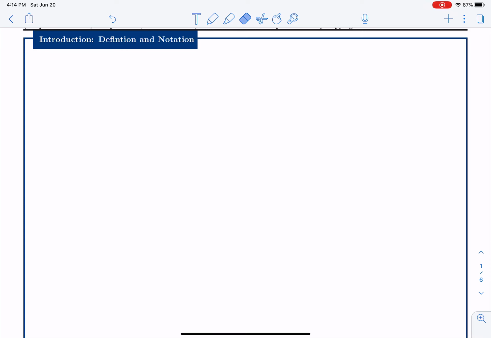So before we get to differential equations, as a recap, we have to know what a function is. So y equals f of x is a function of x.